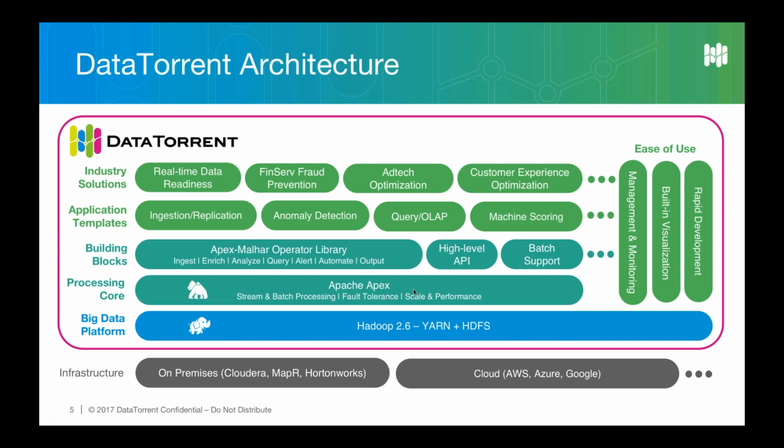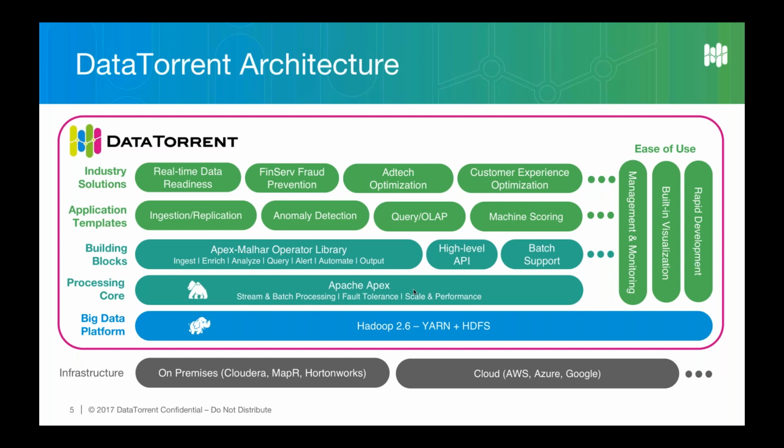The Apex core engine is also responsible for window and event management. Although this is a streaming system, the streams are split into windows, each of 50 milliseconds. The windows are mainly used for bookkeeping.